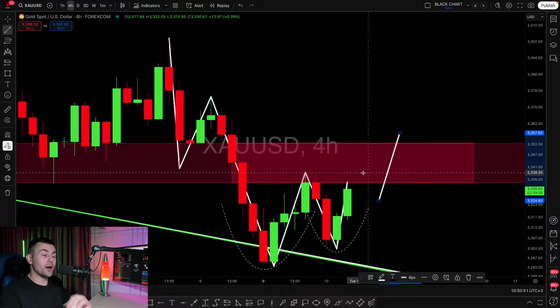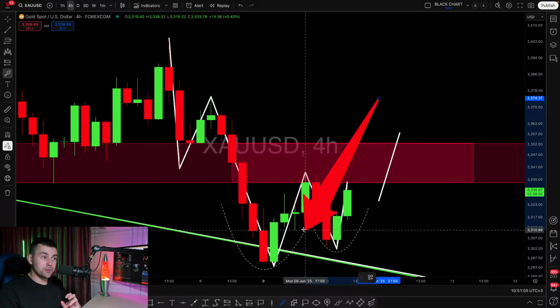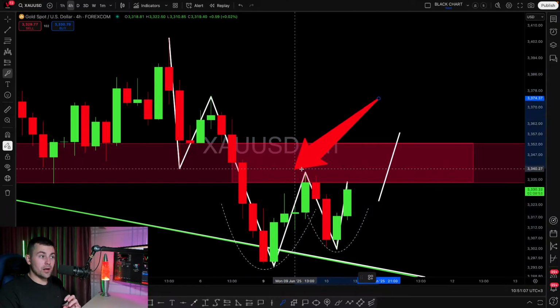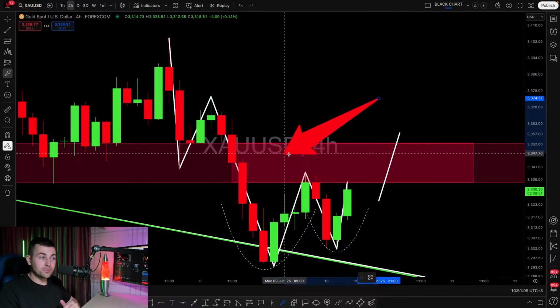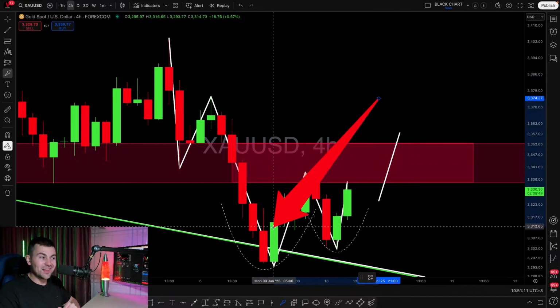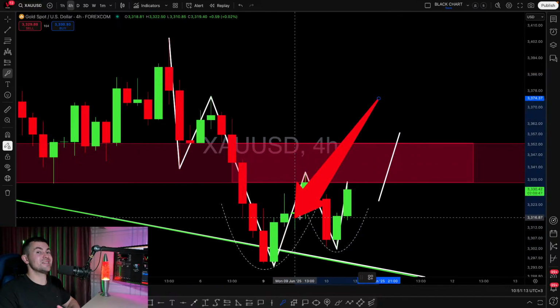Why will a bullish violation of that resistance area provide such a strong bullish signal for us? Because a bullish violation of that resistance will provide the violation of this minor bearish trend. If we go above that red structure, we will violate this minor bearish trend. We will establish a new intraday bullish trend.